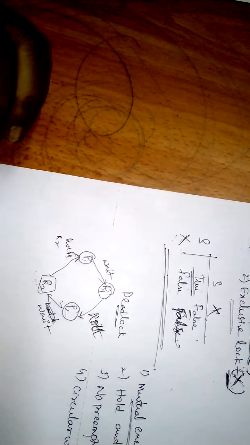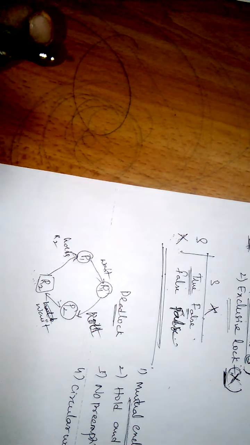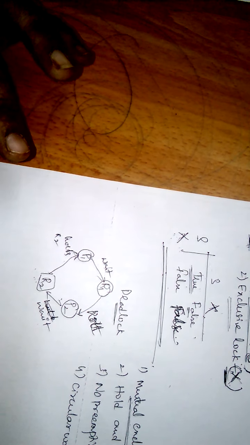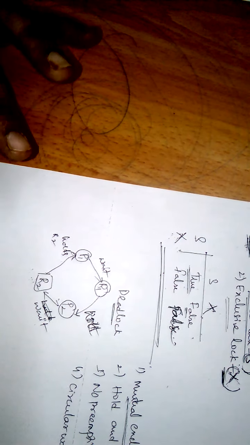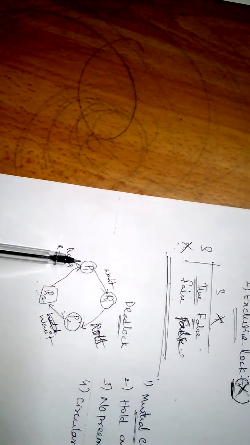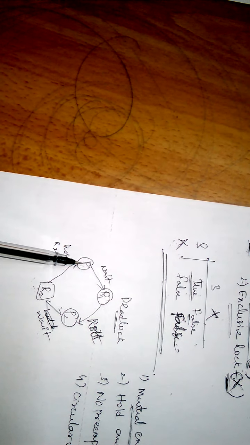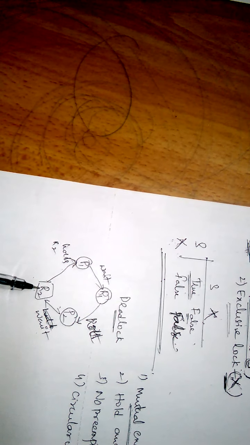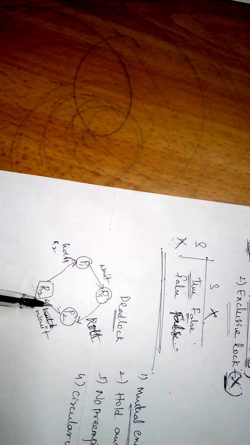Next, no preemption. That means a resource cannot be forcibly taken from a process. Only a process can release a resource held by itself. Now P1 is holding a lock on R2, and P2 is trying to lock R2.